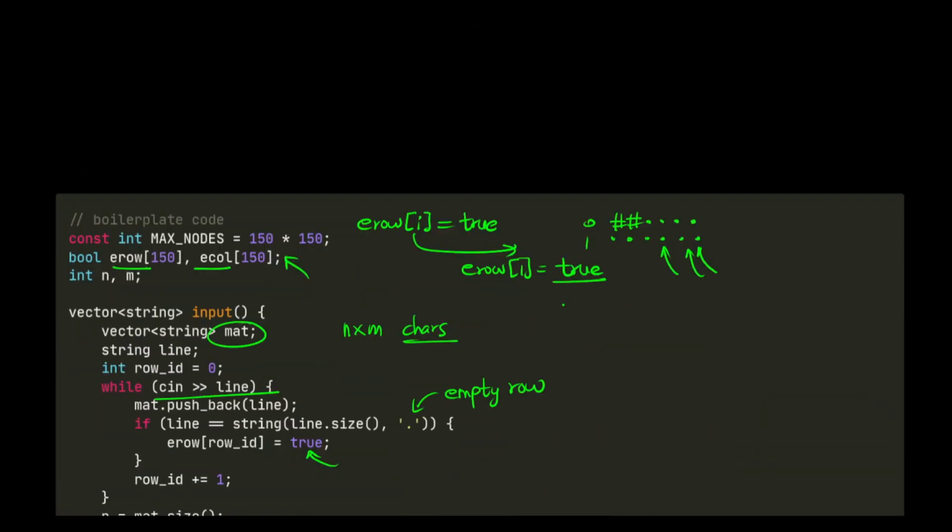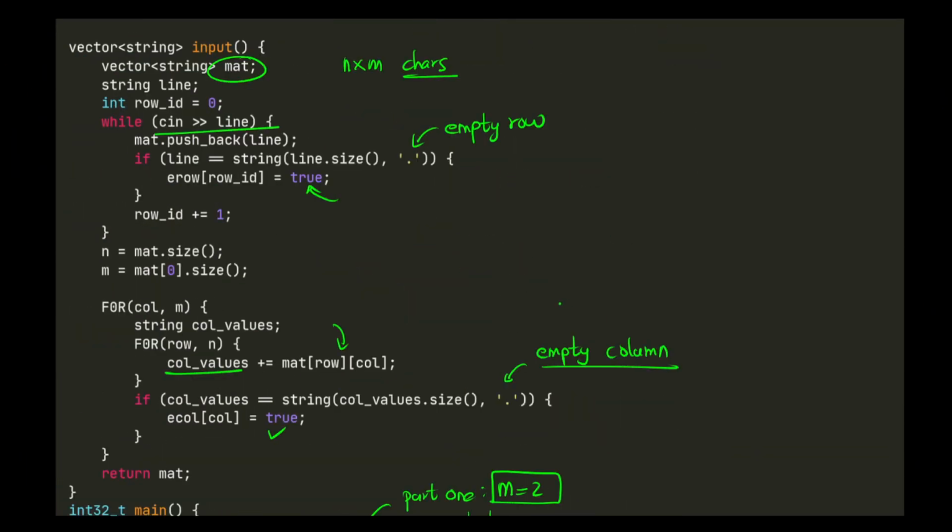And the solution that I solved in the live stream was very unoptimal. I essentially constructed the entire grid for m equals to 2. Then I performed a BFS which started from every starting cell.